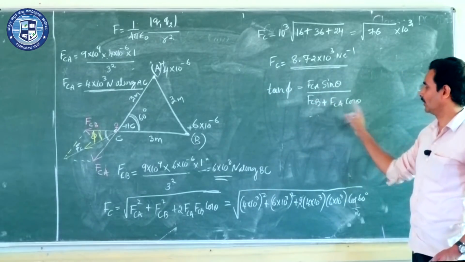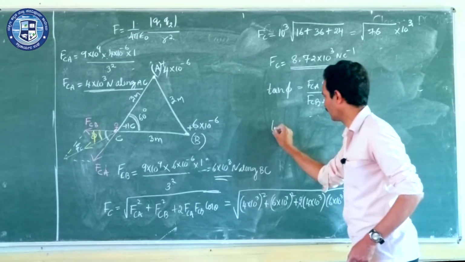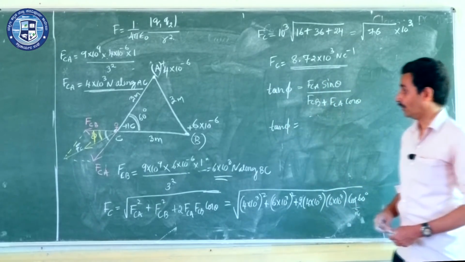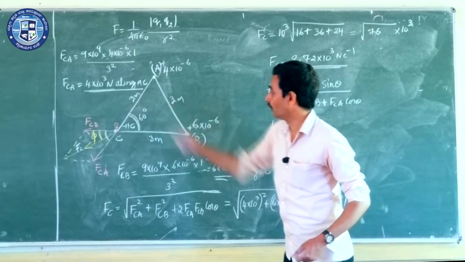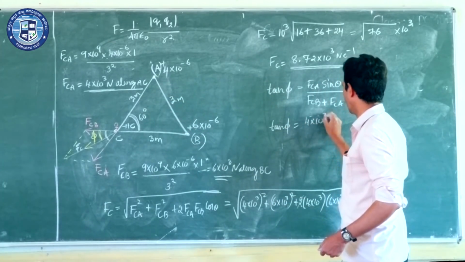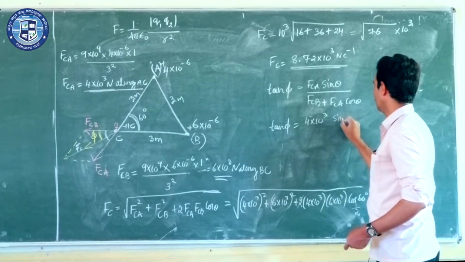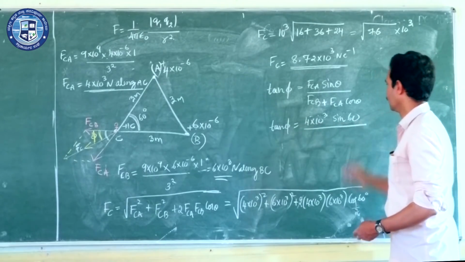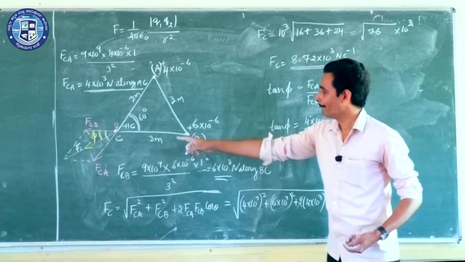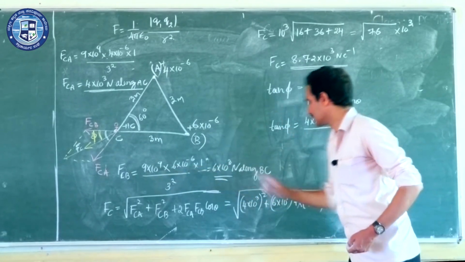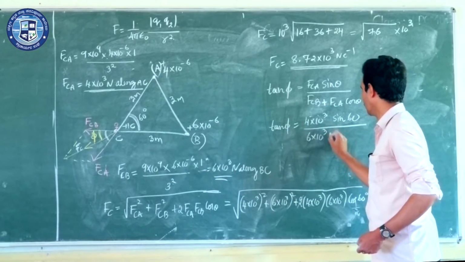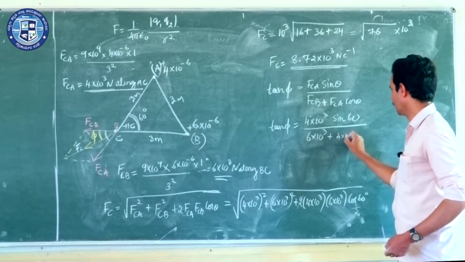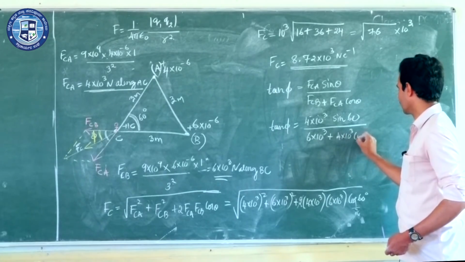So tan phi is equal to FCA sin theta divided by FCB plus FCA cos theta. What is FCA? We have calculated it: 4 into 10 to the power 3 Newton, sin 60, divided by FCB, which we have calculated, 6 into 10 to the power 3, plus again FCA cos theta, 4 into 10 to the power 3 cos 60.